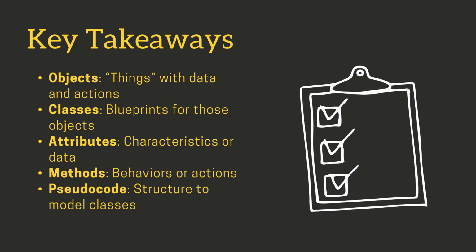Examples would be update stock, apply discount, display product data. And then the pseudo classes: you can model a class by showing the class name, the attributes listed with their data types, and then the methods listed with parameters and a brief description.